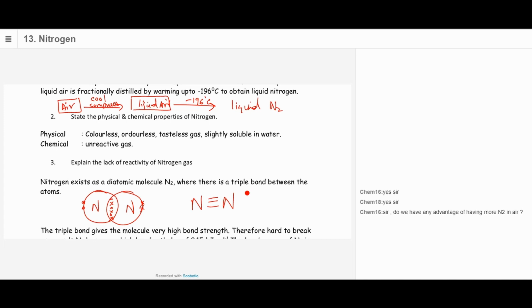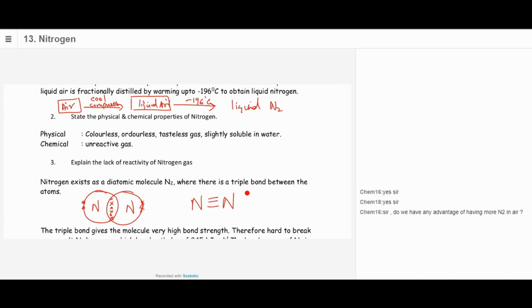Manufacture of nylon, we'll be studying how to make nylon under polymerization, under organic chemistry. And also, if you need any inert atmosphere in the reaction vessels, we can use argon atmosphere, or even nitrogen can be used.